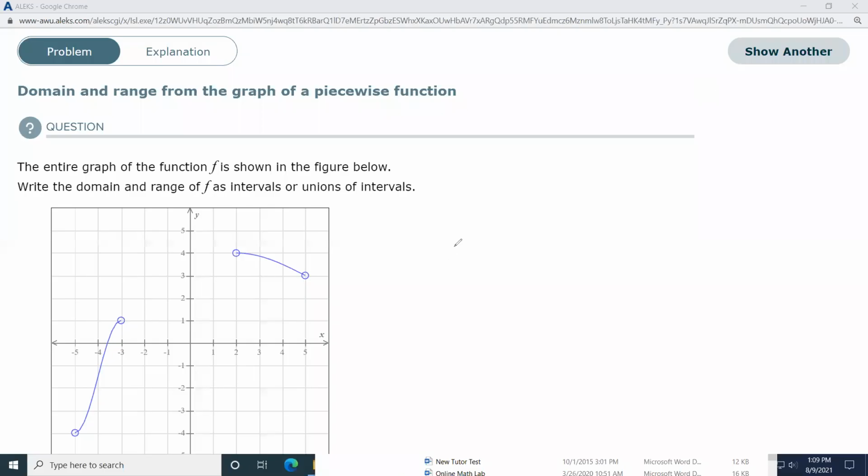Okay, domain and range again. To find the domain, I squish everything straight into the x-axis. It's going to be from here to there, and from there to there. So everything from -5 to -3.